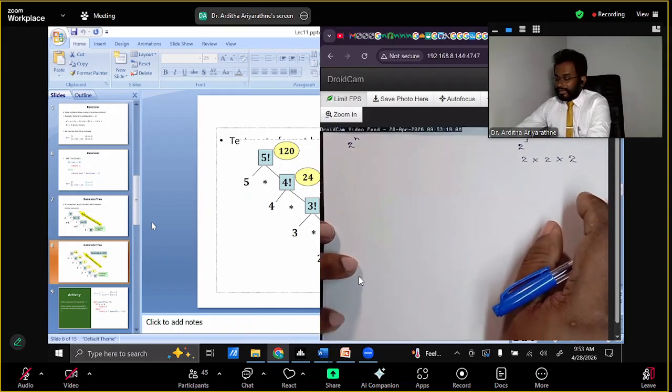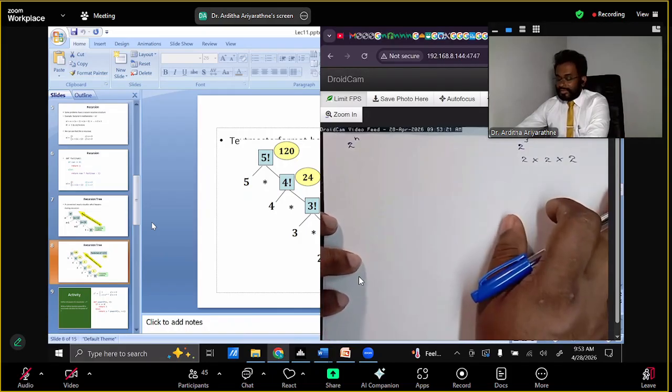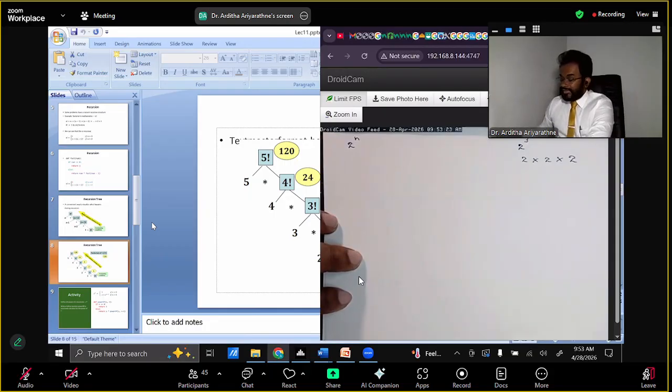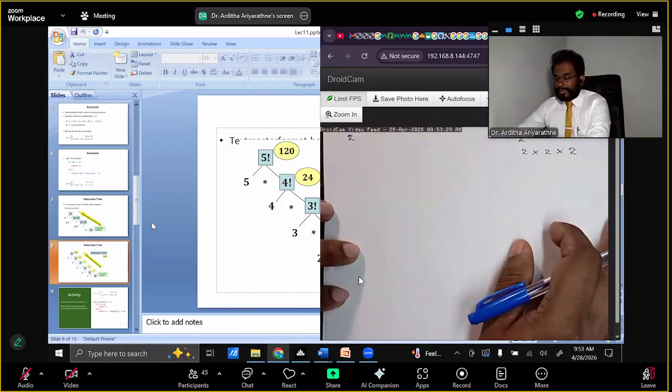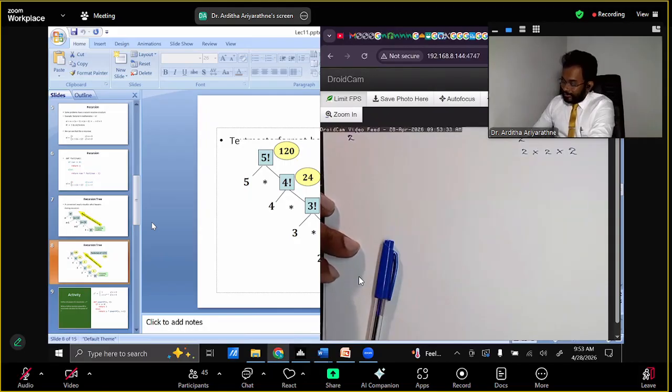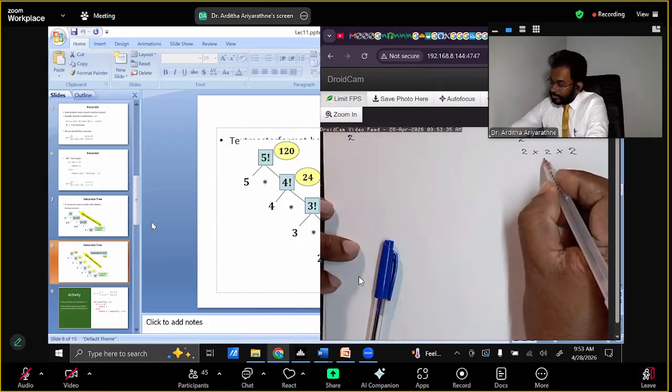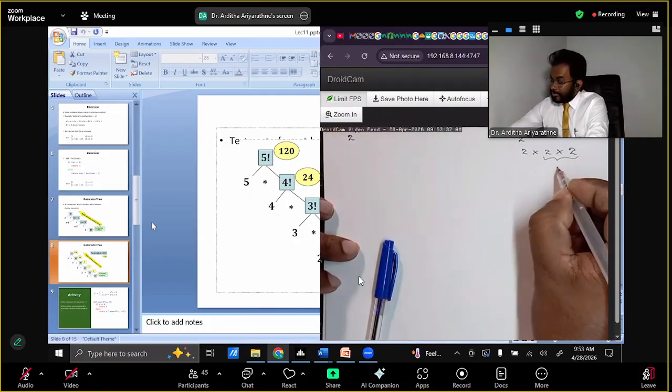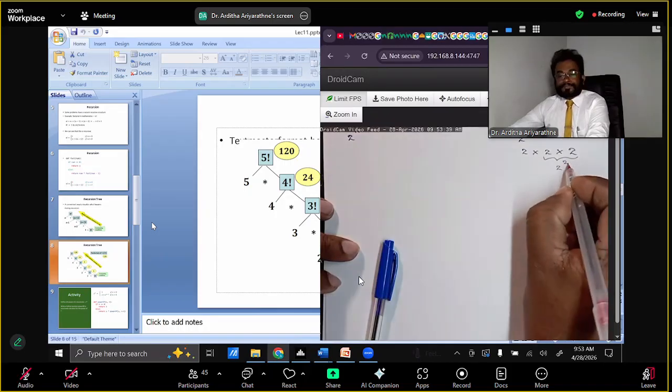Now, students, how can we apply recursion here? Now you can see this part, this is 2 to the power 2.